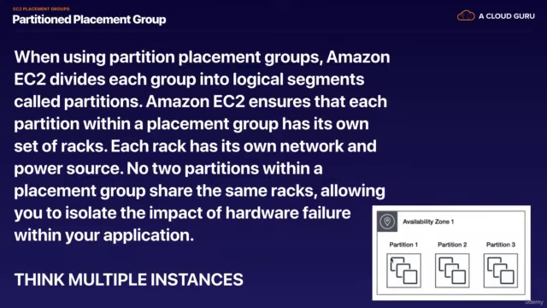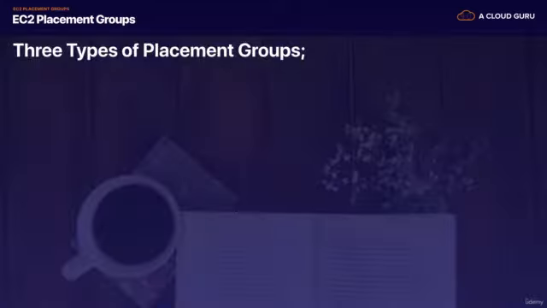So you have a whole bunch of EC2 instances sitting on partition 1, and then a whole bunch of EC2 instances sitting on partition 2. That's a partitioned placement group. But if you're dealing with individual EC2 instances, then that's a spread placement group. So a spread placement group is for single instances, partition placement groups are for multiple instances, and clustered placement groups are just a way of putting everything as close together as possible.